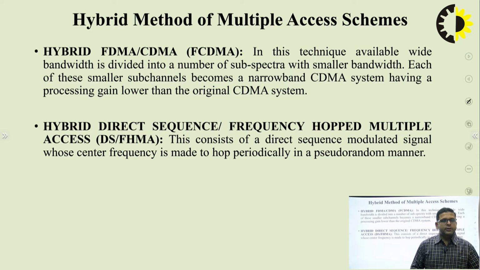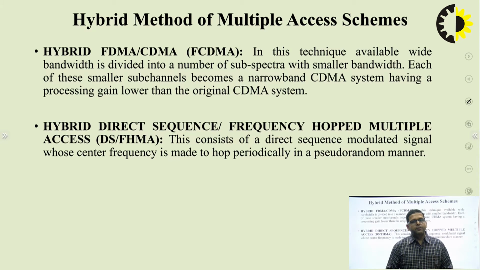Basically, in this kind of hybrid technique, we first use a direct sequence spread spectrum modulation technique, and after using this modulation technique, we periodically change the central frequency of the modulated signal.